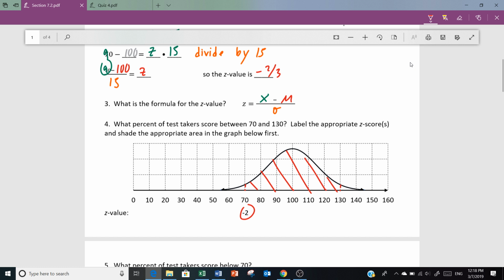Well, I thought we were just supposed to do z-score, so it would be 2. Yeah. So it's going to be 95%.